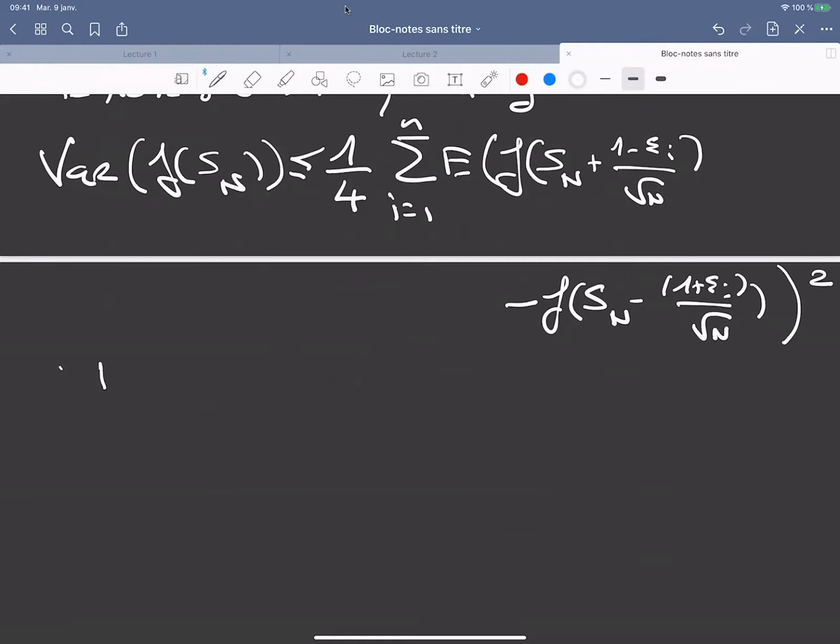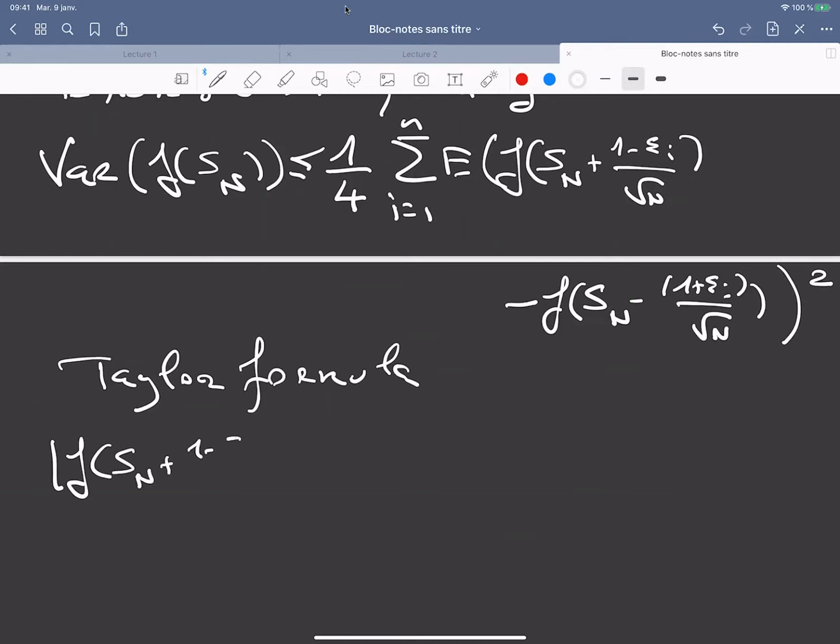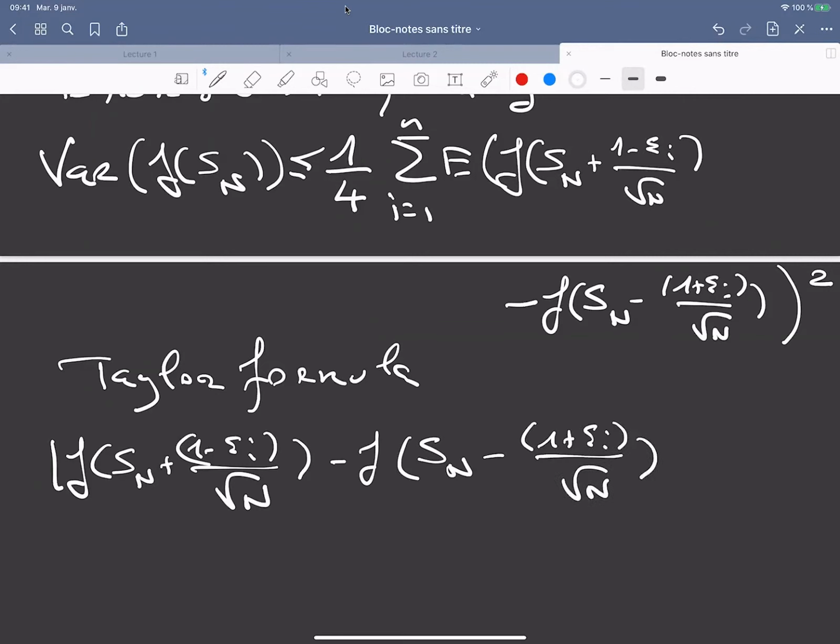So now you use Taylor formula. If you use Taylor formula, you can ensure that f at point Sn plus 1 minus epsilon I over square root of n, minus f of Sn at point minus 1 plus epsilon I over square root of n, is equal to 2 over square root of n times f prime at Sn, because the difference between 1 over square root of n and minus 1 over square root of n is 2 over square root of n.